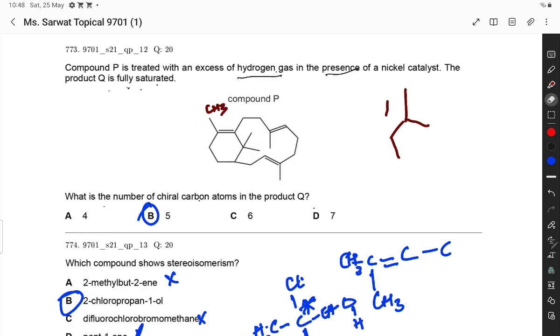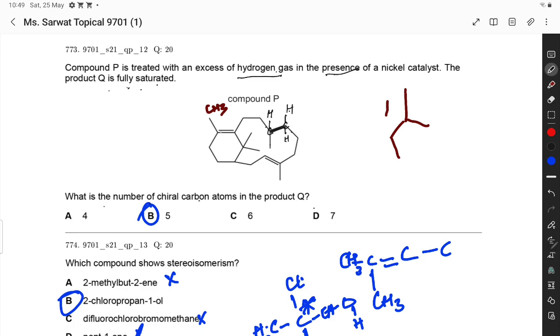So look here, two hydrogen atoms are there. When two hydrogen atoms add, this bond is going to break down and hydrogen goes over here. This carbon has 1, 2, 3, and this also has a hydrogen atom. C1, 2, 3, 4, and this is also one hydrogen atom.